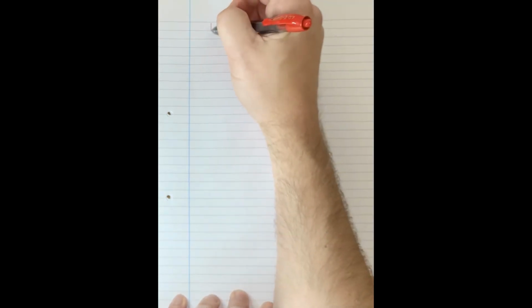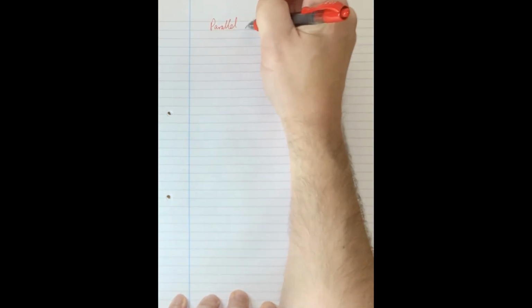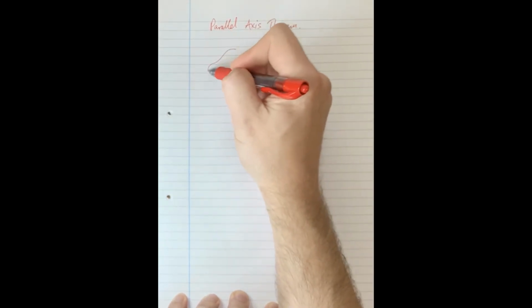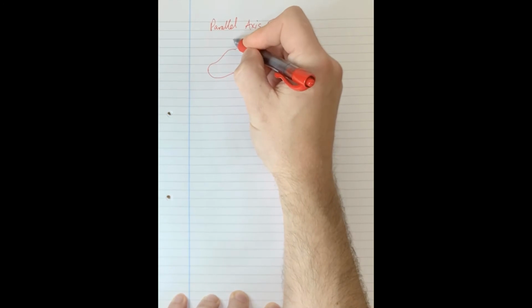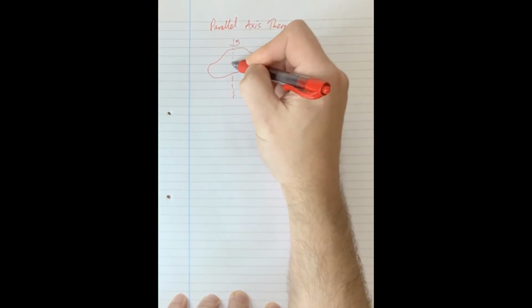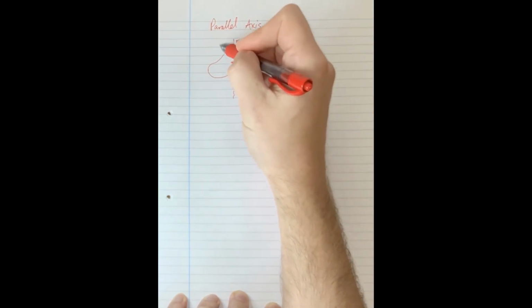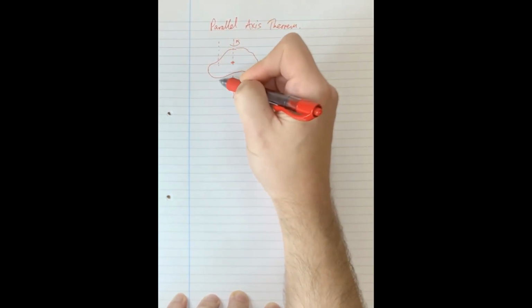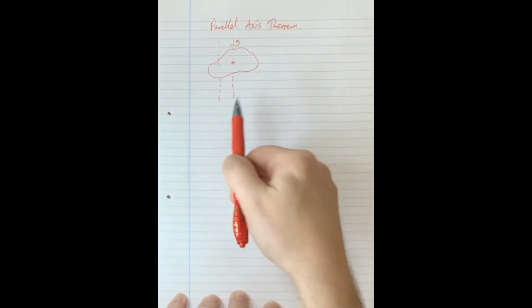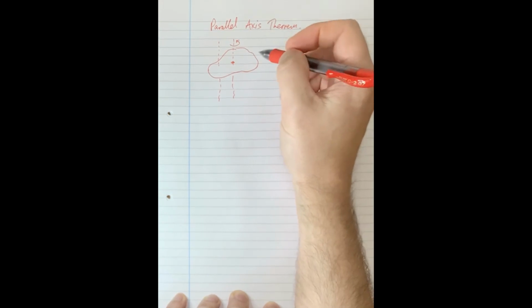And then I want to talk about what's called the parallel axis theorem. What this is suggesting is that if you had something that could rotate about its center of mass, so let's just say the center of mass is here, and then you wanted to shift the point where it's rotating, but shifted parallel to the axis of rotation for the center of mass.